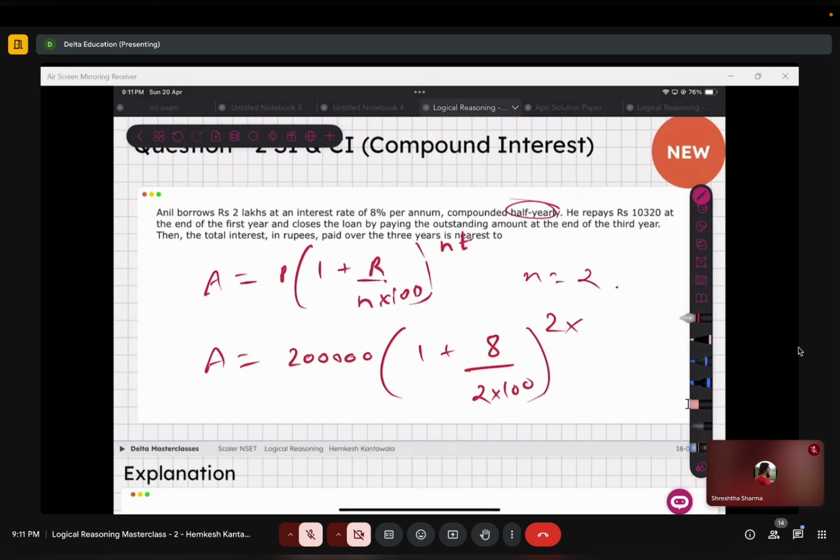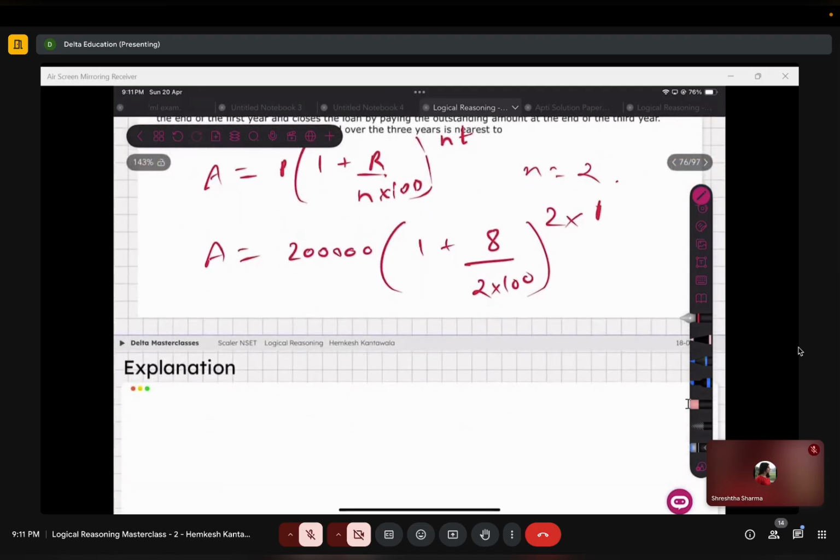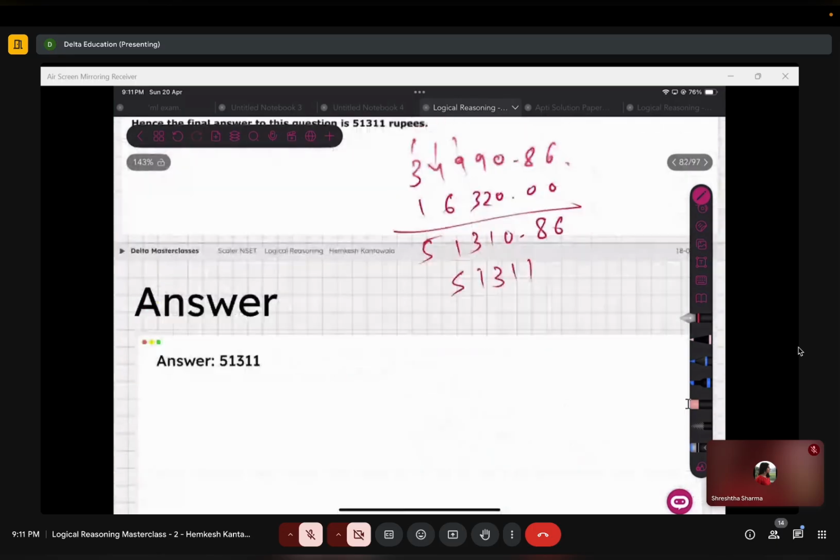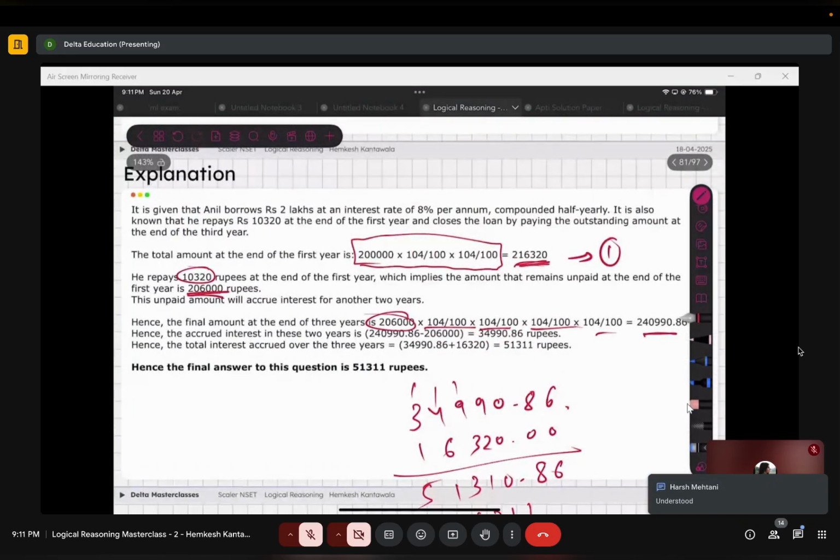So to find the interest for that 1 year period and the next 2 years period, those two interests would be different. If we solve this, it would be 2 lakh into 104 upon 100 to the power 2, which again gives us 2 lakhs into 104 upon 100 into 104 upon 100. So this is the same equation as here. Understood? Any more doubts?